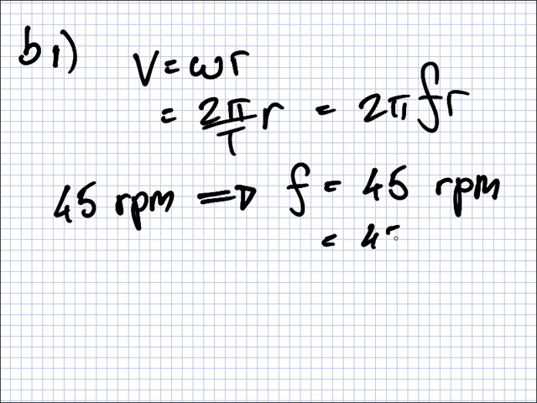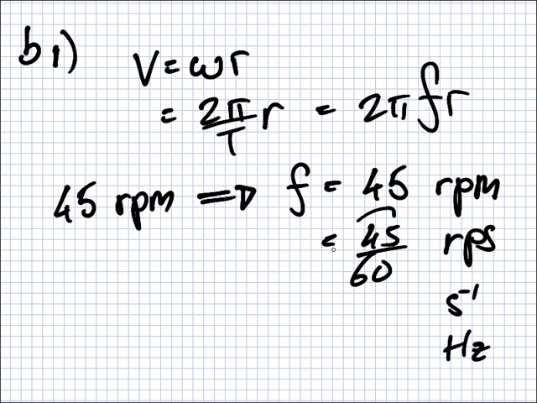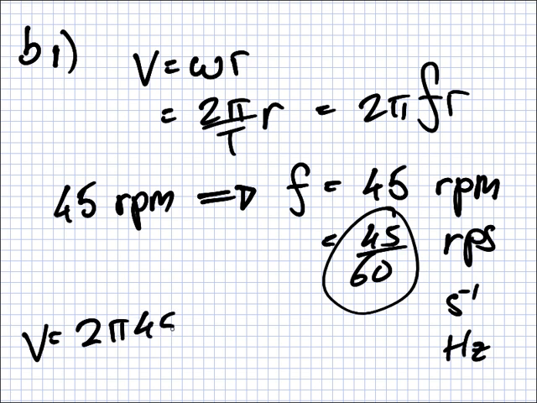So F is 45 over 60 revolutions per second, or hertz, the same thing. So V equals 2 pi times 45 over 60 times 0.18. So what is that?